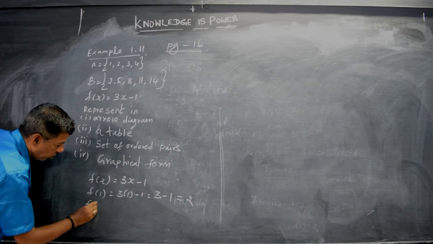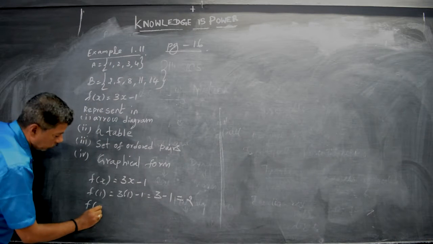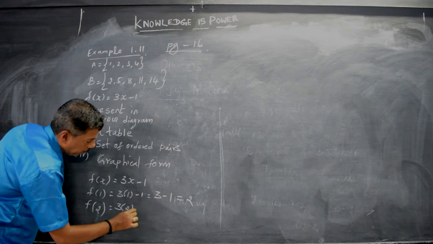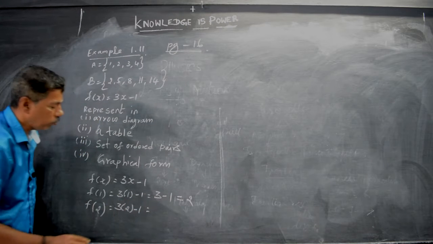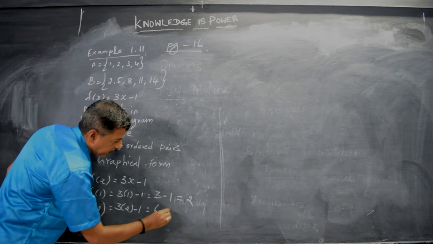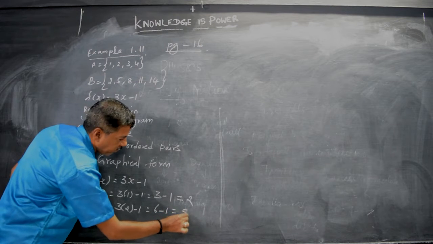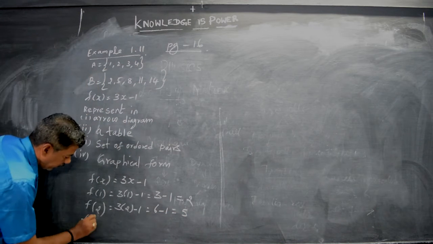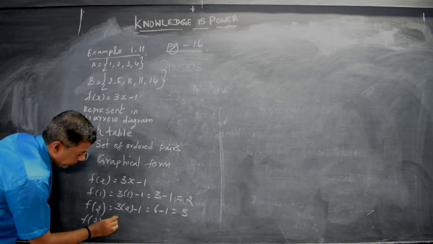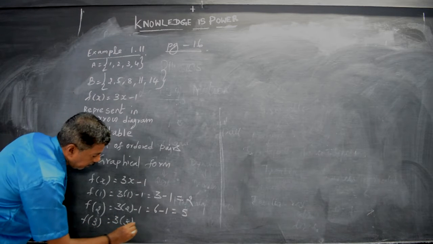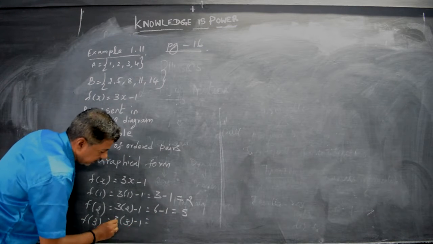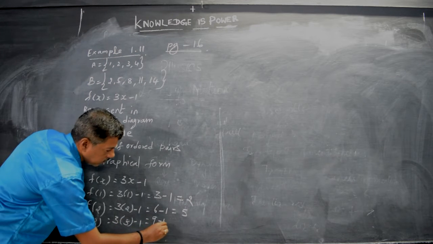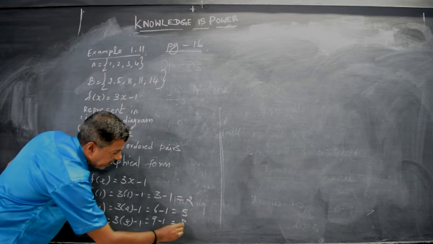Next, f of 2 equals 3 into 2 minus 1. 3 twos are 6, minus 1 equals 5. Take the third value, f of 3: 3 into 3 minus 1. 3 threes are 9, 9 minus 1 equals 8.